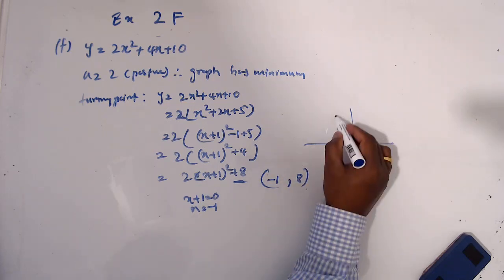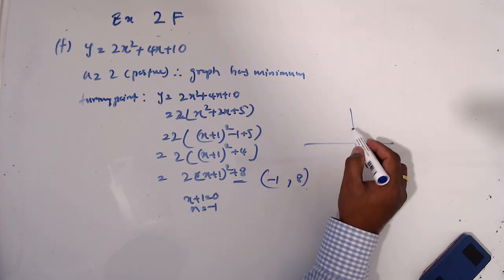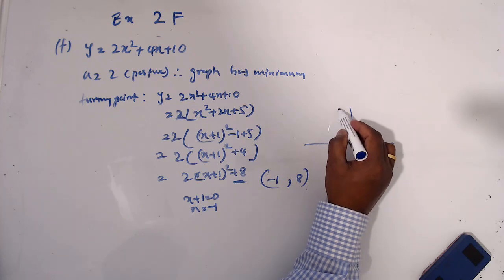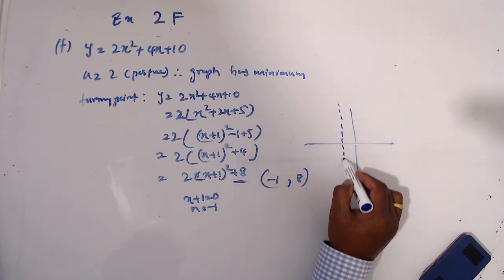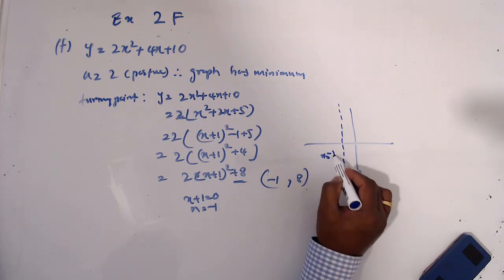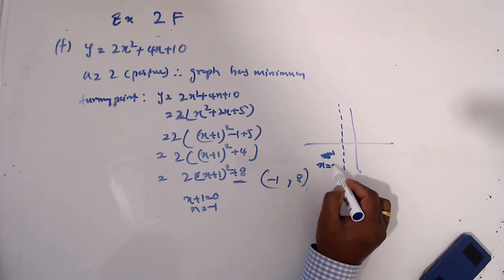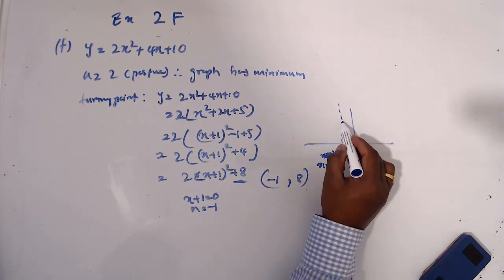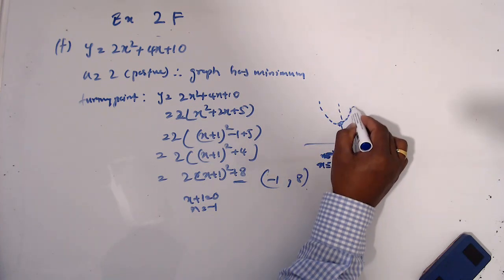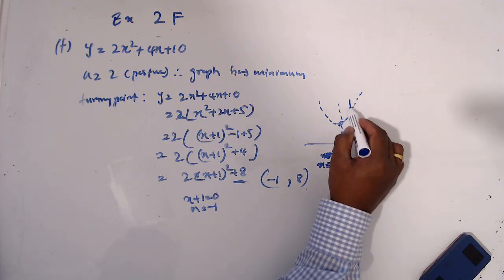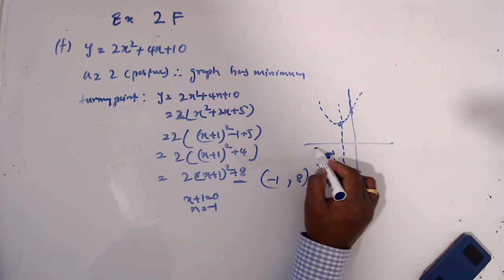So x equals minus 1 is the symmetric line, and the turning point is here, and it is a minimum. Then it will never cross the x-axis.